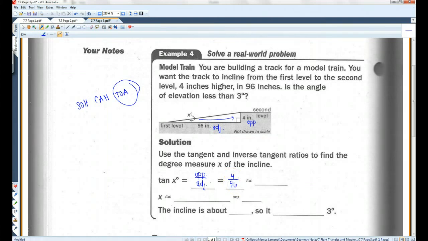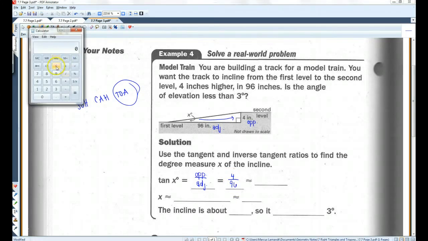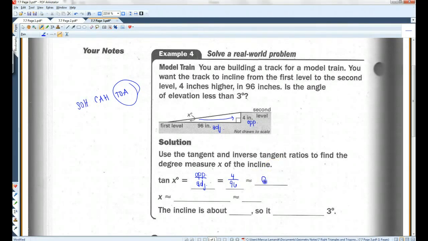So tangent of x, opposite over adjacent, the opposite side is 4 inches, the adjacent side is 96. 4 divided by 96. Alright. So x is approximately, let's see here. I'm going to add a step in here, just in case somebody's confused.